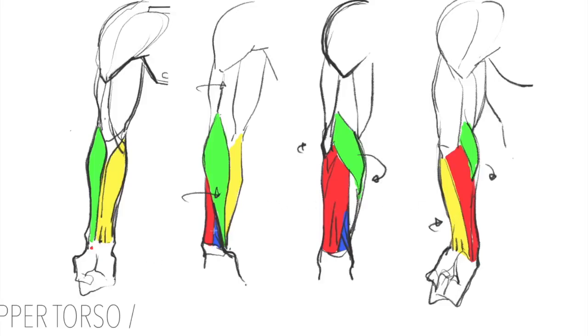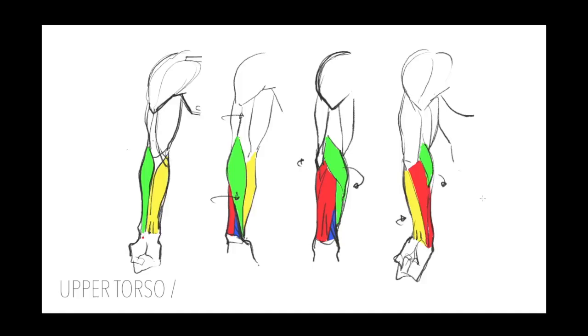If you look at this red and blue, the top surface, see how it rotates. As it rotates, the other side of the yellow muscle comes to the visible area. You must memorize these in order to draw a character's forearm correctly.